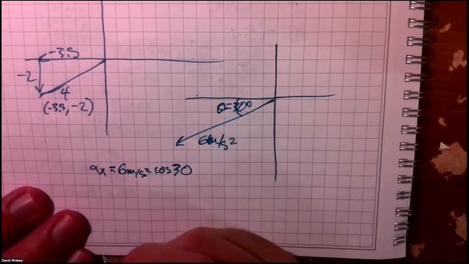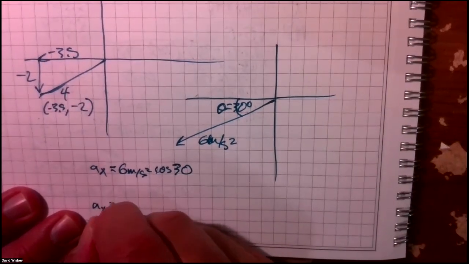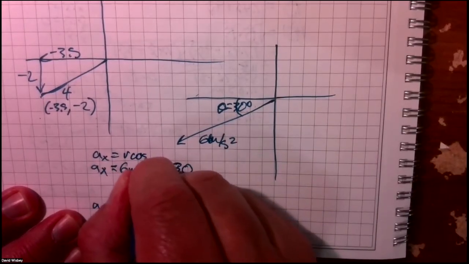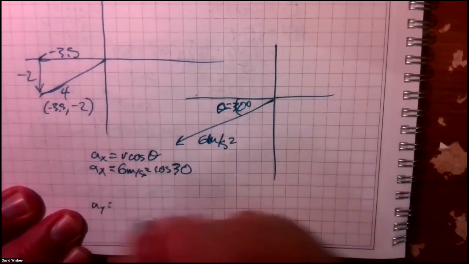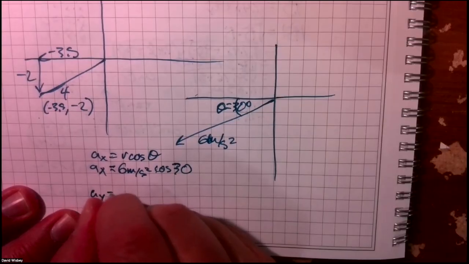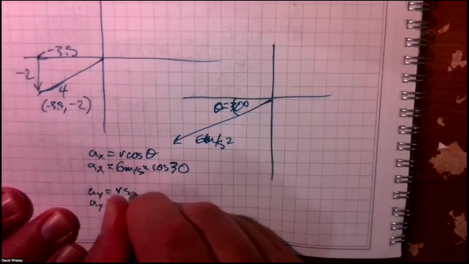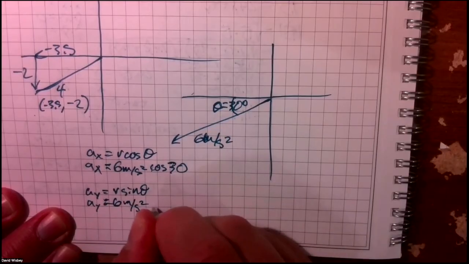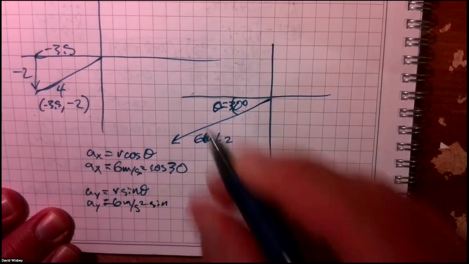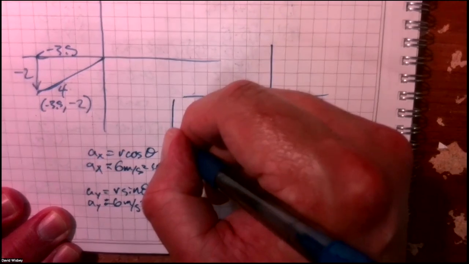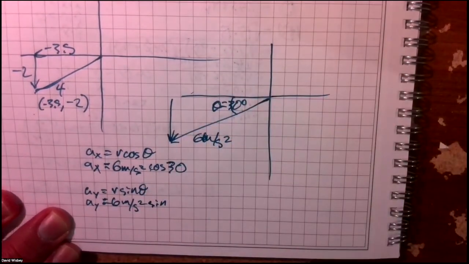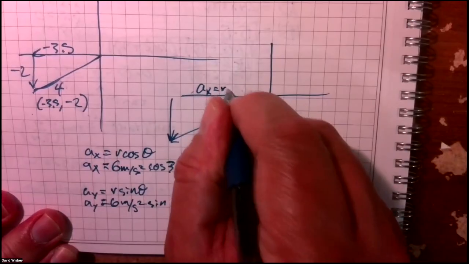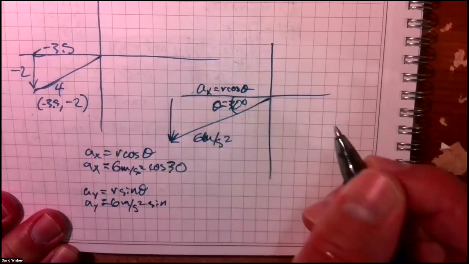I'll write down AY in symbolic form first, cosine of my angle theta. So AY is going to equal R sine of theta, or 6 meters per second squared times sine of 30. It's going to be this part. Up along this part, AX equals R cosine of 30.